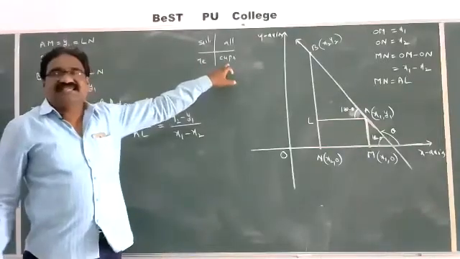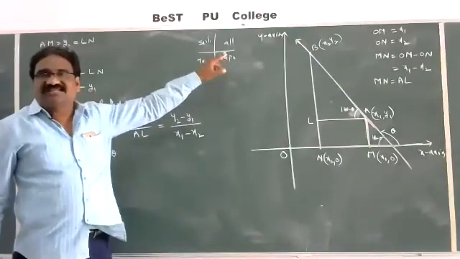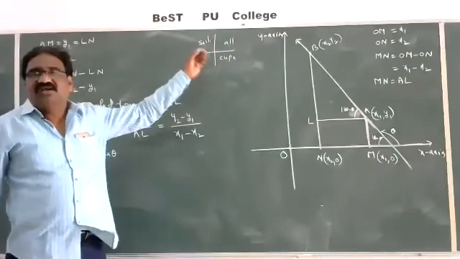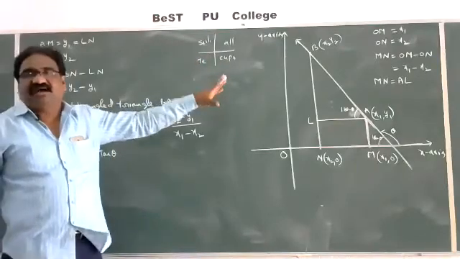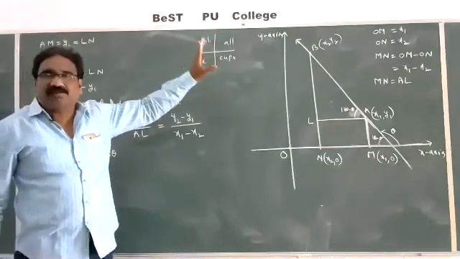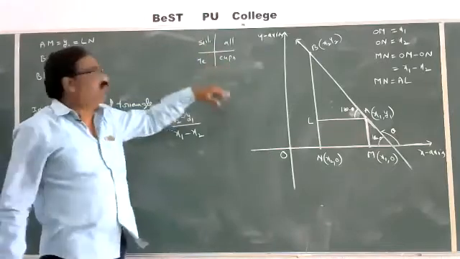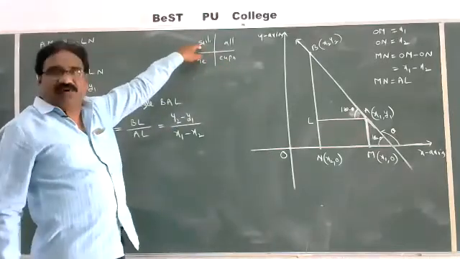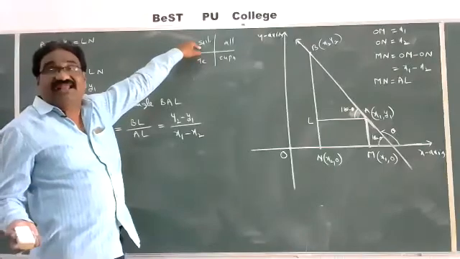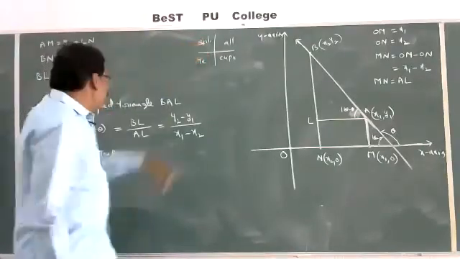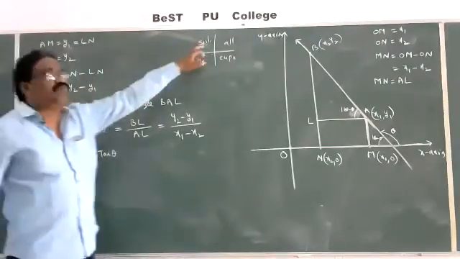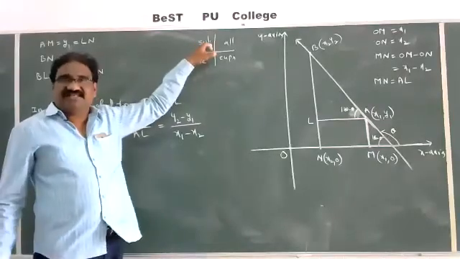Here C for cos theta: cos theta and secant theta are reciprocals, and they are positive, remaining 4 are negative. Here sin, cosecant positive, remaining are all negative. Here tan is in the second quadrant. 180 minus theta is the second quadrant, that's why tan is negative.